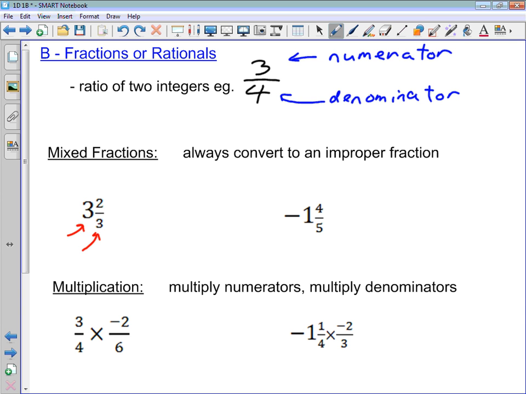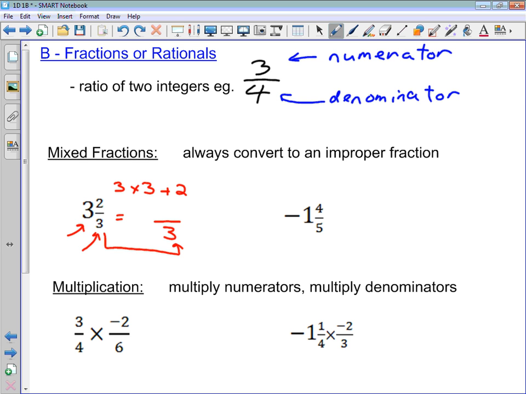And the way we do that is we look at what's in our denominator down at the bottom. The 3 is in the denominator. Our new improper fraction is going to have a 3 in the denominator. So we just take our denominator, we move it over. Then we just need to figure out what is going to be in our numerator. Well, in our numerator, we are going to take what is in our denominator, our 3 there, multiply it by our big number out here, and add what is up in our numerator before.